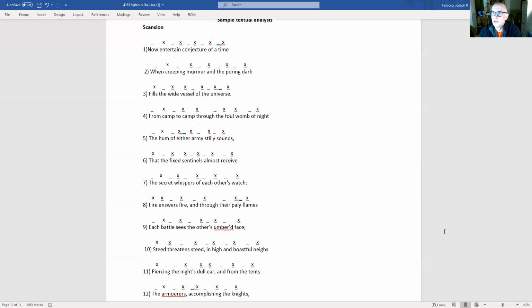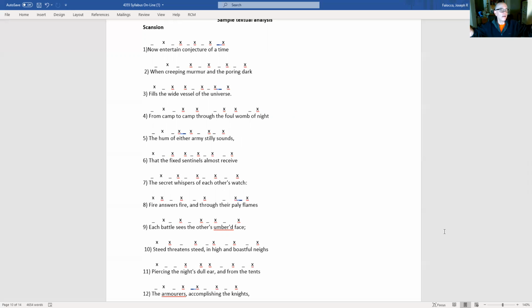Now, entertain conjecture of a time when creeping murmur and the pouring dark fills the wide vessel of the universe. From camp to camp, through the foul womb of night, the hum of either army stilly sounds, that the fixed sentinels almost receive the secret whispers of each other's watch.